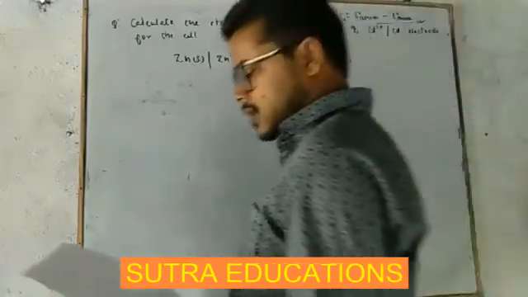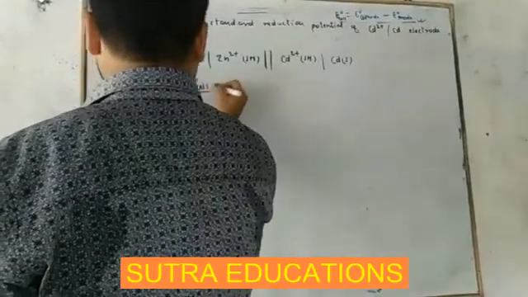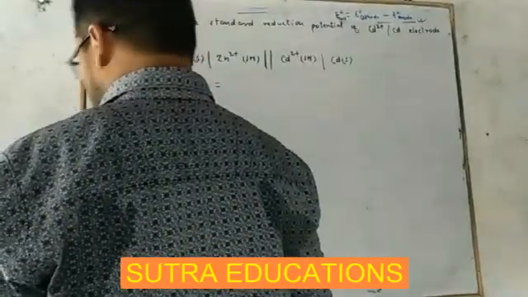Now we have been given E naught of the cell, and it is equal to 0.36 volt.